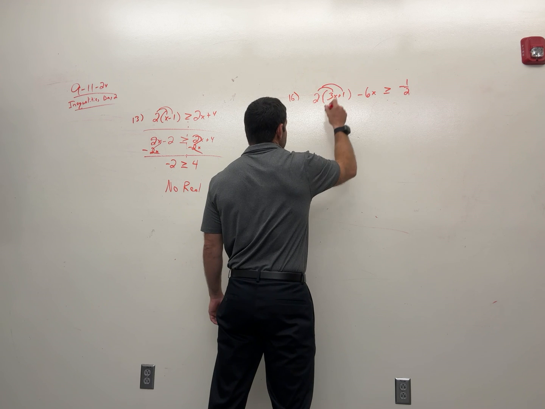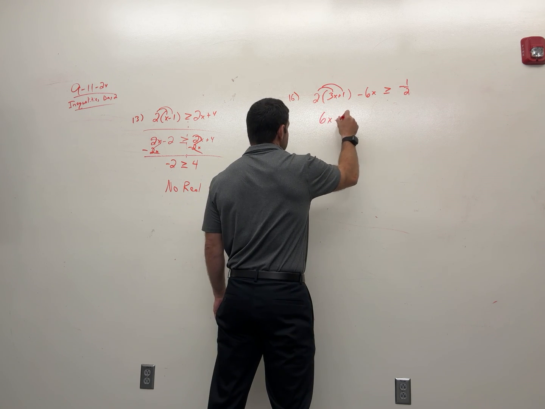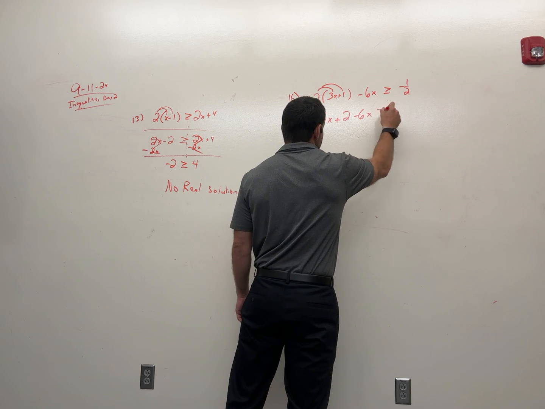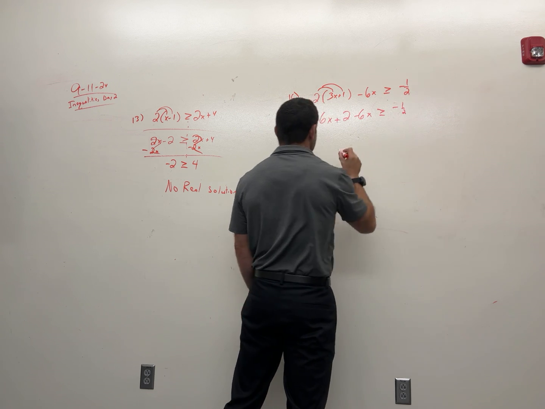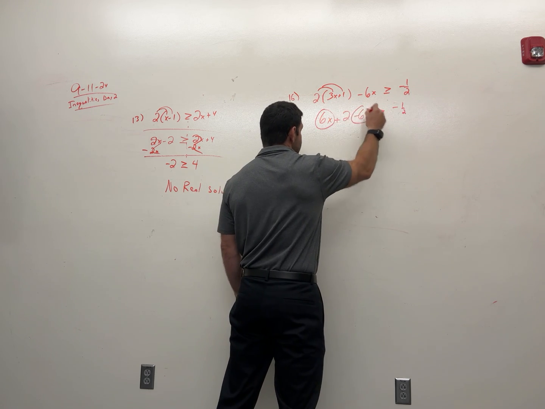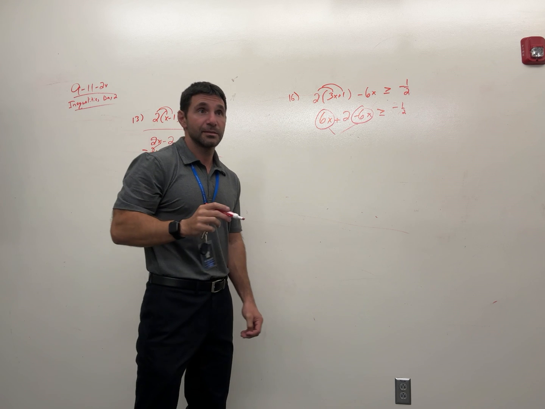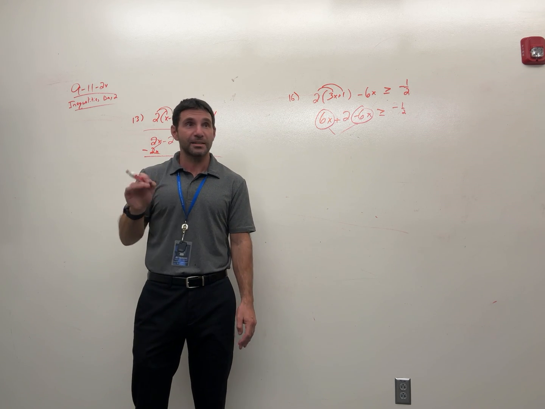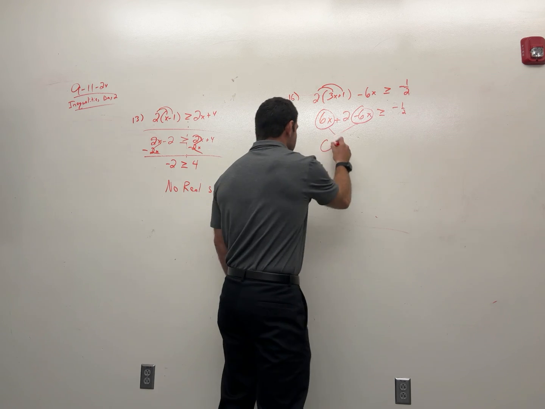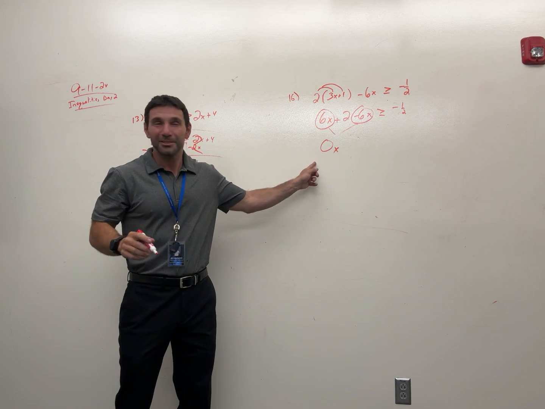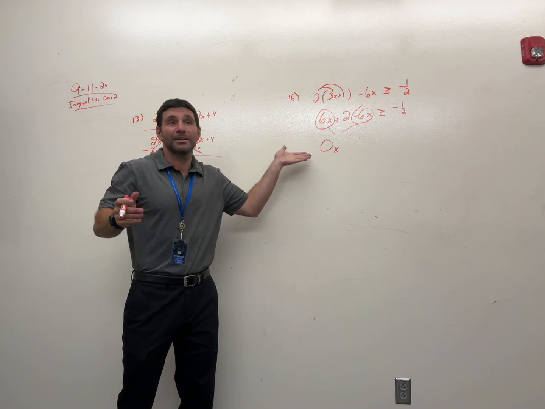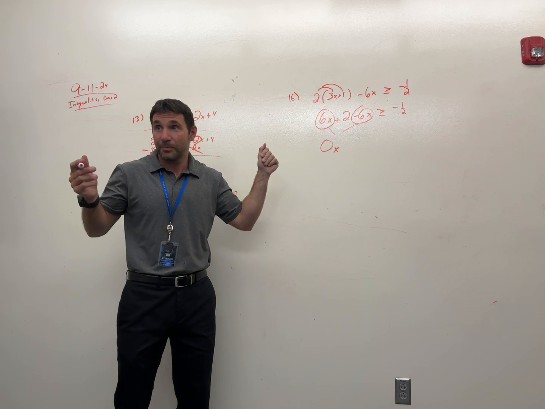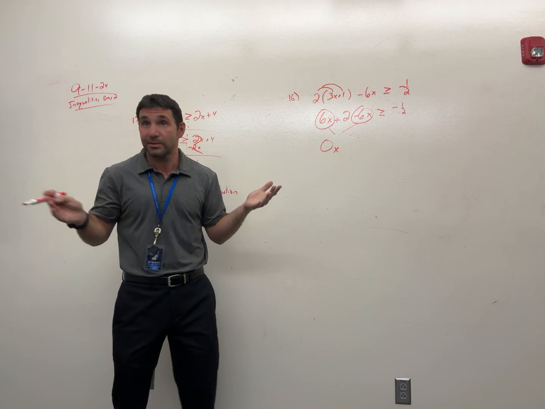Distribute. 6x plus 2 minus 6x is greater than or equal to negative 1/2. 6x's minus 6x's is how many x's? 0. Guess what? This is one of my favorite things to say. There's no oxes in algebra. So I can't put 0x. That's my funny way of saying you can't have 0 x's.